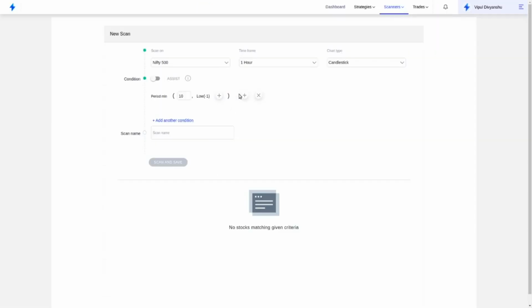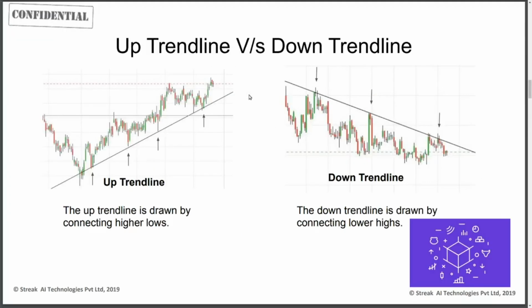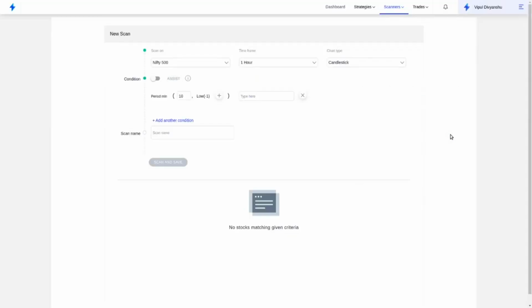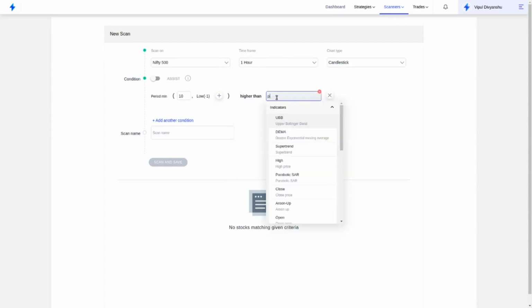Now, if you remember, for an uptrend, this should be higher than the previous time period, whatever was the lowest low formed. So to do that, let's just say higher than. Now I'll again use period min.